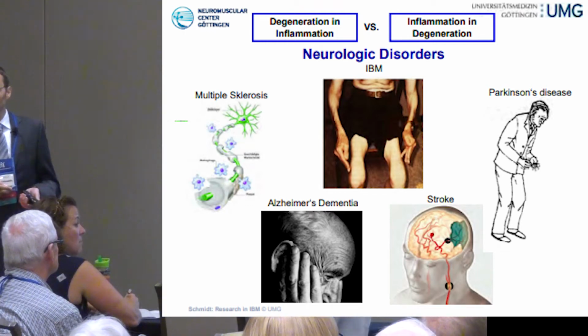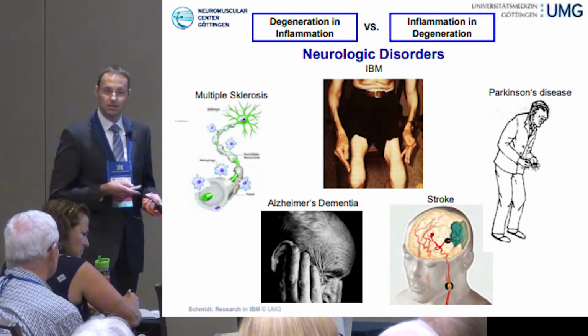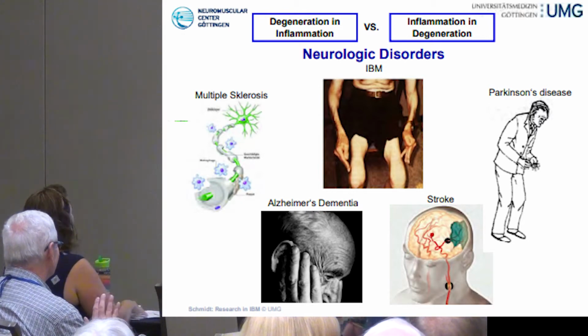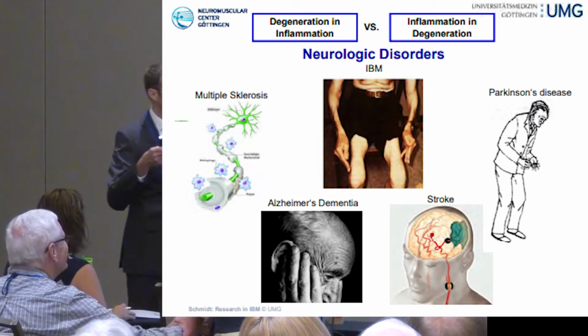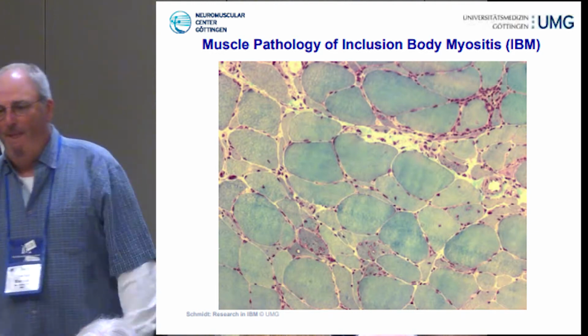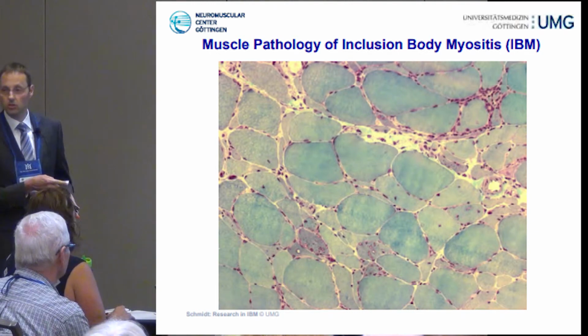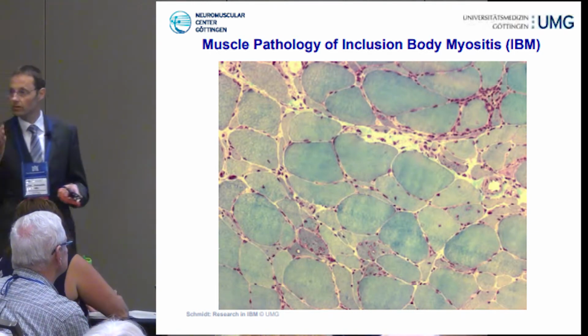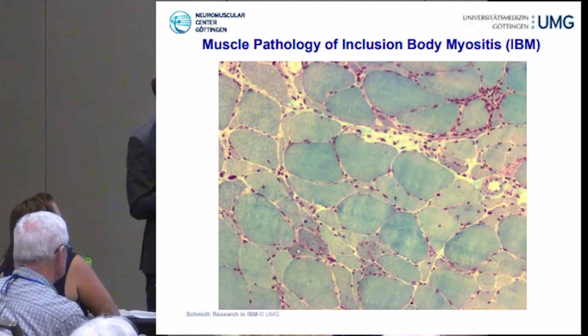And of course, in inclusion body myositis, all of you are aware, we have proteins that lump together and form the vacuoles and the inclusions, which gives the name of the disease.